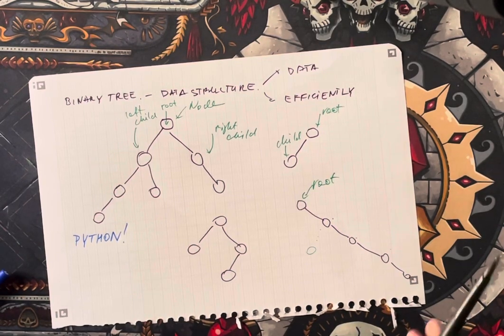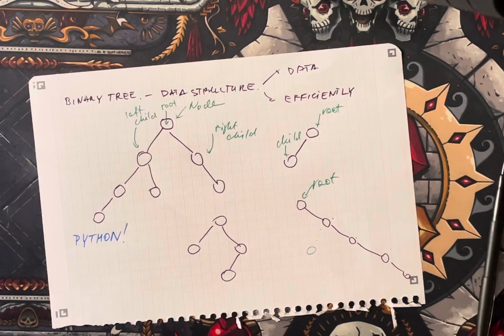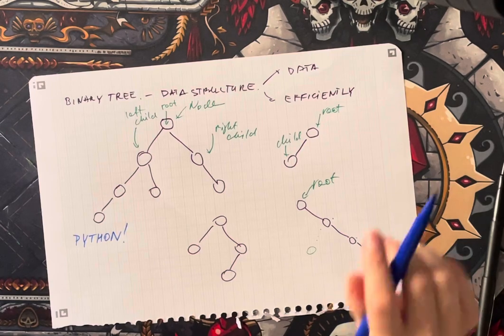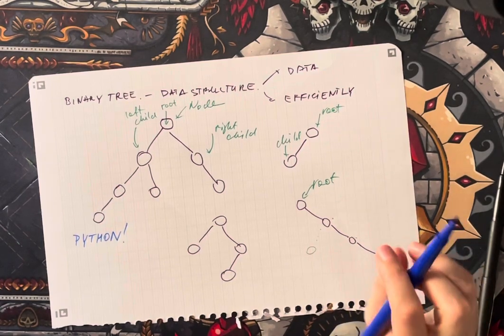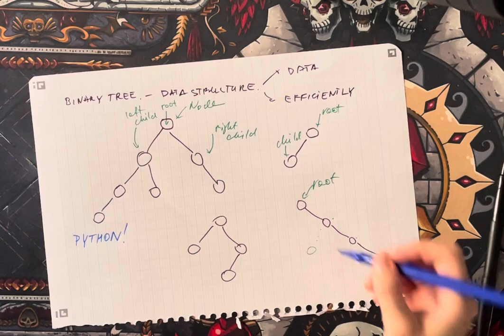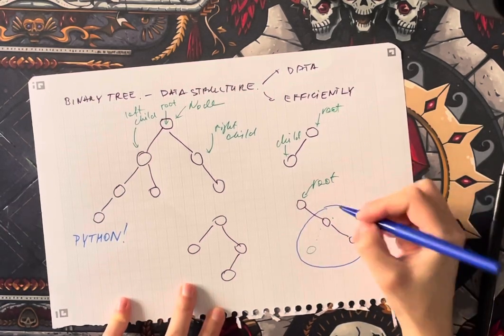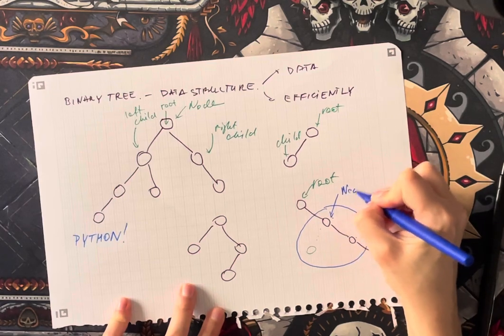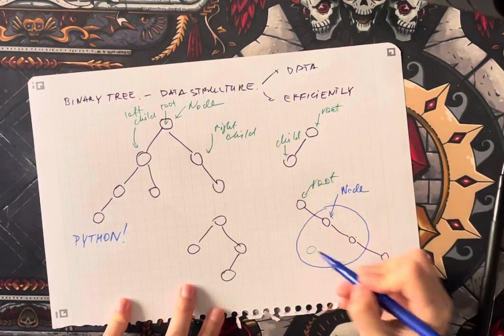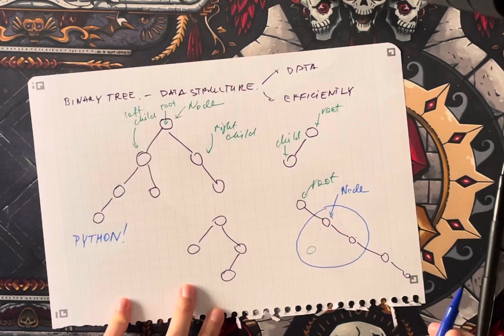So to understand how to implement it, let us notice one thing about binary trees. The key element of a binary tree is a node. If you take a look, for example, here, all of this is a node plus a left child that is not present and a right child that is not present.